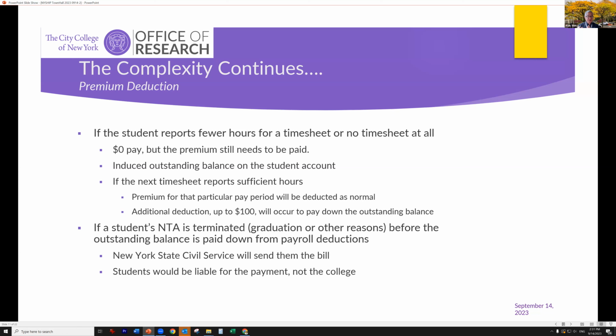So this particular outstanding balance is the student's liability because their paychecks were not deducted for those premiums, and therefore it became an outstanding balance. So again, that is a student liability because they didn't get those deductions done properly.